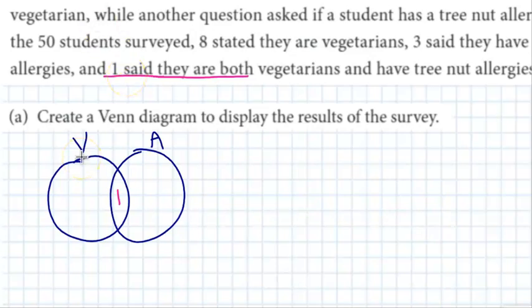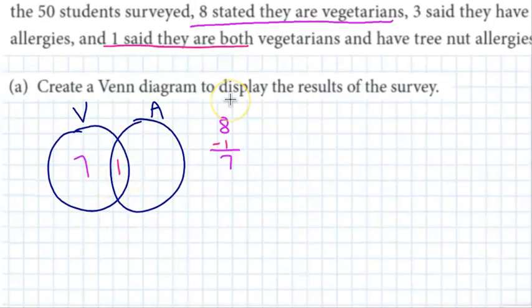From here, we can fill in the vegetarian circle so that there's 8 students in total, including the one that we've already placed in the middle. So if we take the 8 vegetarians, subtract out the one that's in the middle, that leaves us with 7 vegetarians that do not have a tree allergy. So we'll go ahead and put the 7 right there.